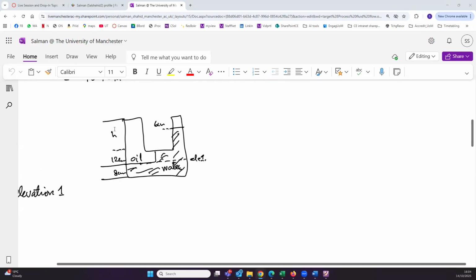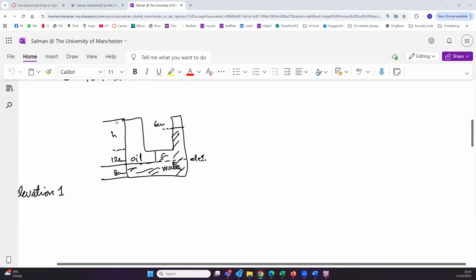I know that we do not know yet the value of h, but we know that it's h. So we can write the height of oil as 12 centimeters, which in meters is 0.12 plus h.